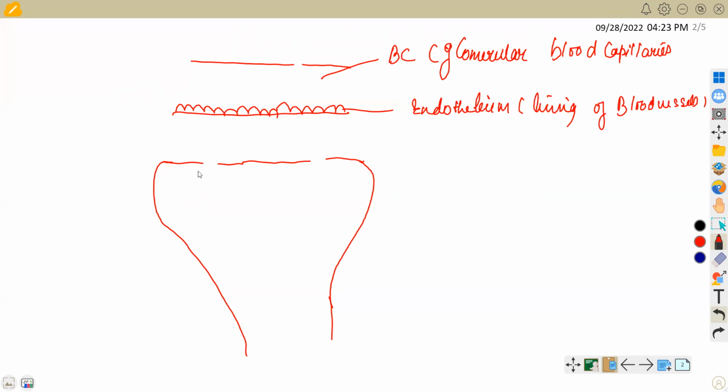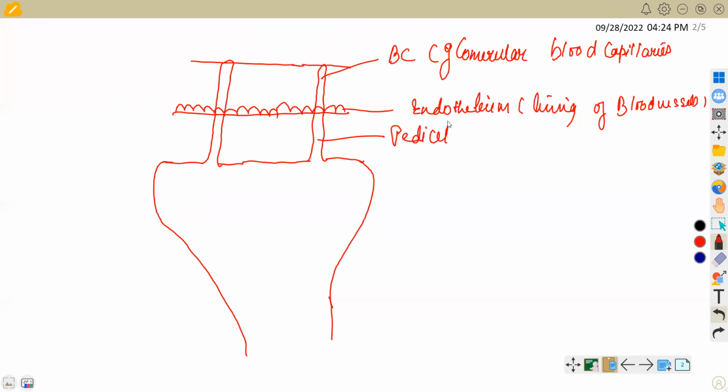Now there is an invagination coming from the Bowman capsule and going deep inside the region of the blood capillaries. This one is called the pedicel.